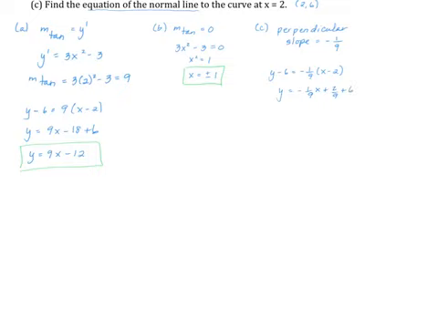Okay, so if I add 6, I get y equal to negative 1 over 9x plus 56 over 9.